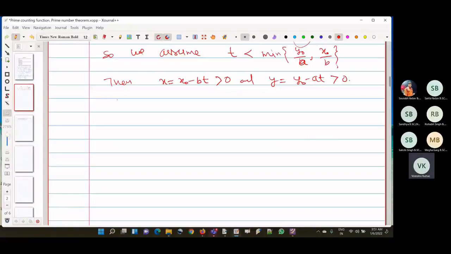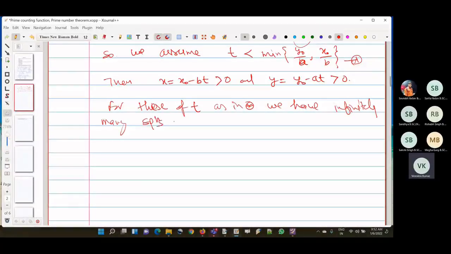And for this choice of T as in star, we have infinitely many solutions in positive integers.